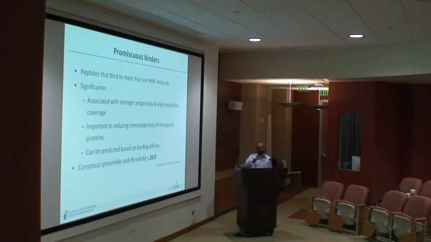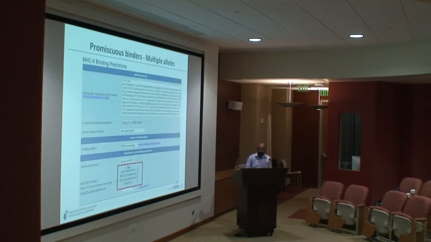Since more alleles are involved here, we again recommend a higher threshold of 20. How can we do that? Essentially we use the same prediction tool, but instead of one allele, we select multiple alleles. If you are considering a specific population or donor set and you know the allele types for that population, you can use that.